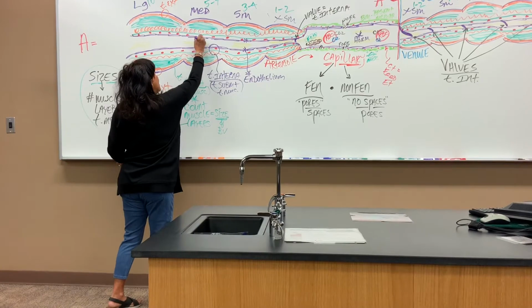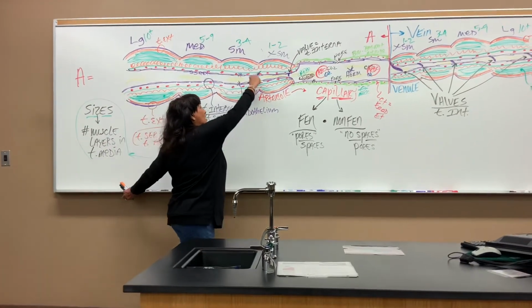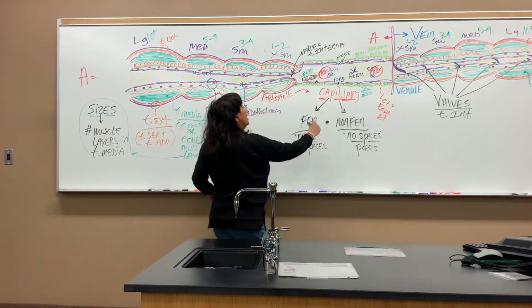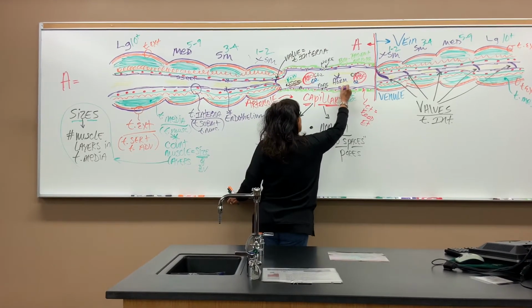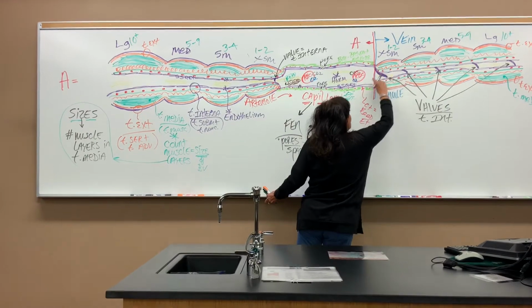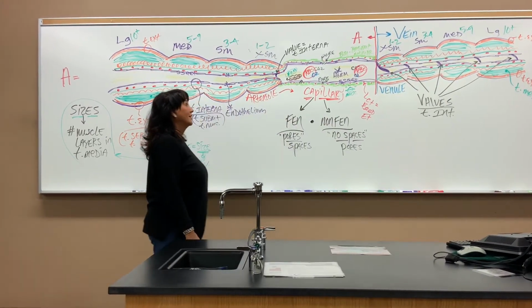S, SQ, ET. The simple squamous goes all the way down here, and then it becomes the capillary. So the capillary is made out of simple squamous ET cells. And then the simple squamous continues, and it's the inside layer inside your veins, right there.